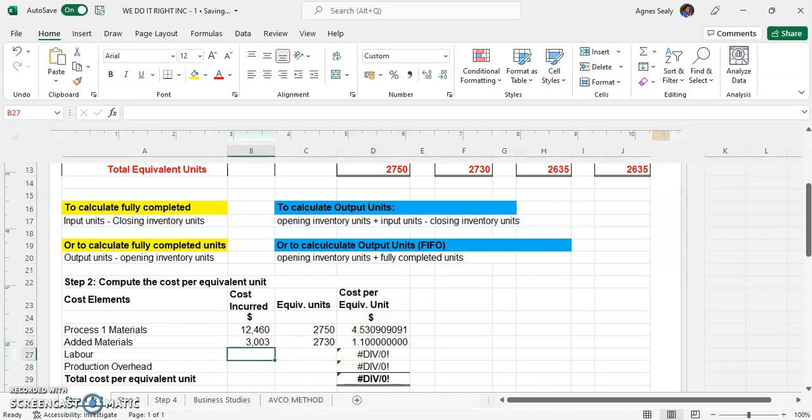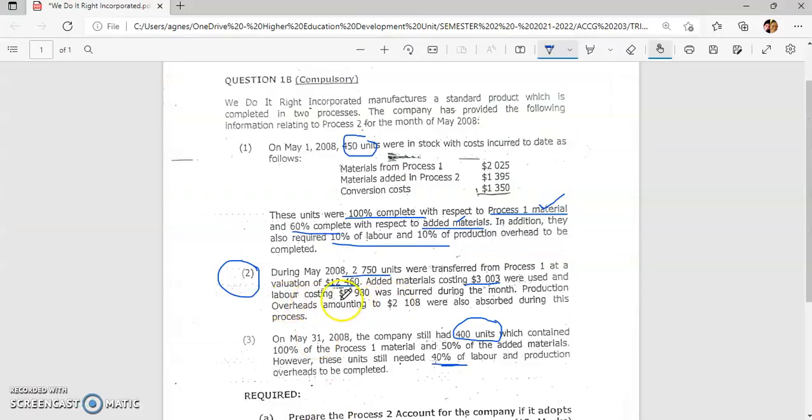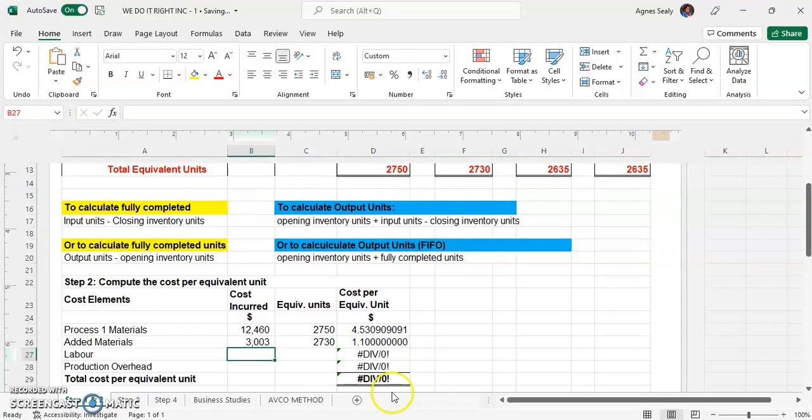The labor cost incurred so far was $5,980. And the equivalent units for labor is 2,635.